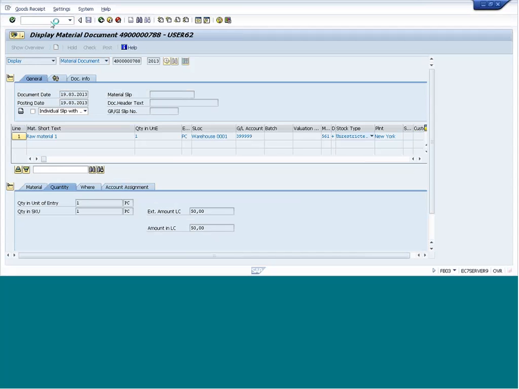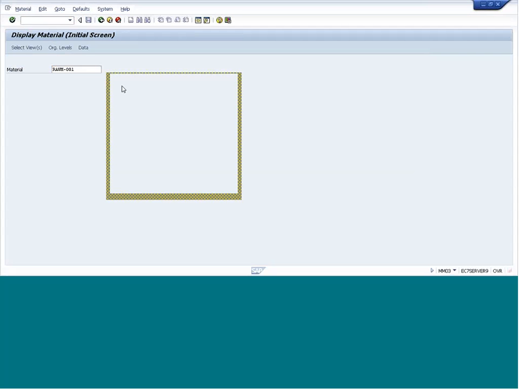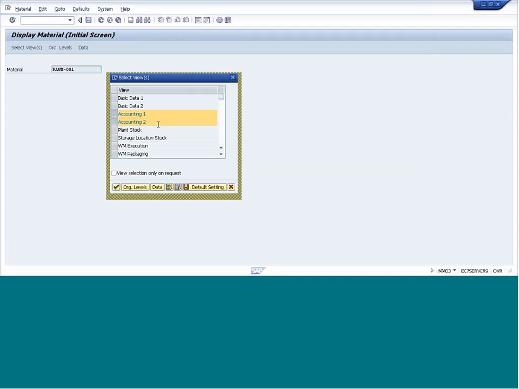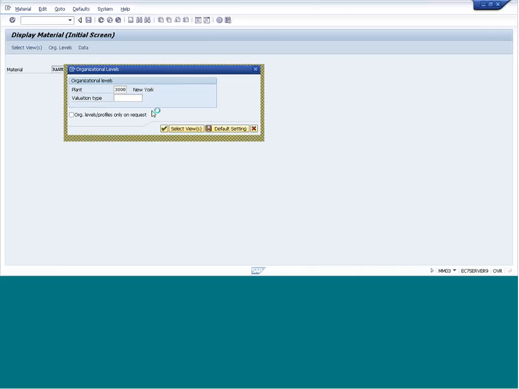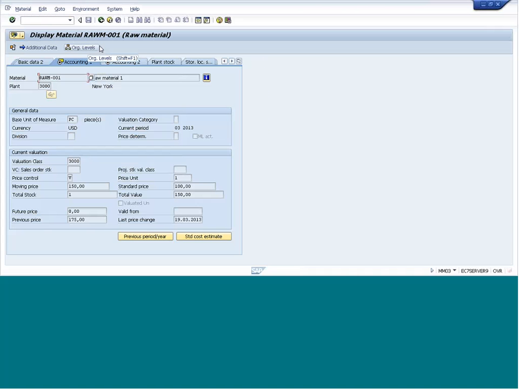Yeah. Can we take the price for the raw material as a standard price or no? It's nothing to do with the raw material or standard finished goods. If it is price control V here, it can be for any material.